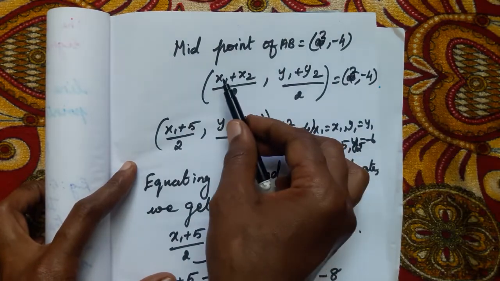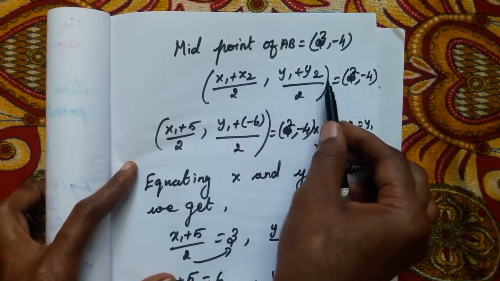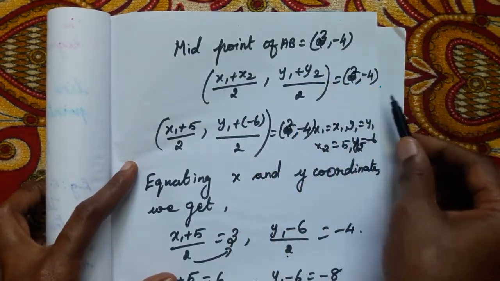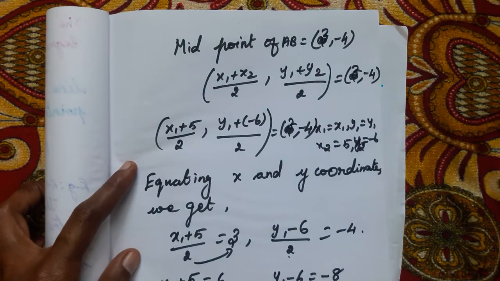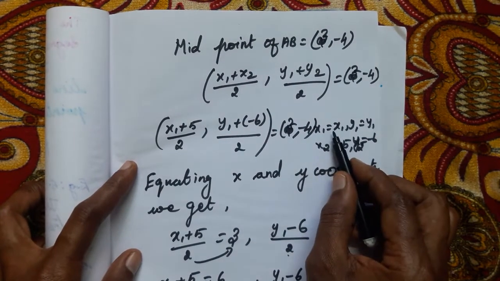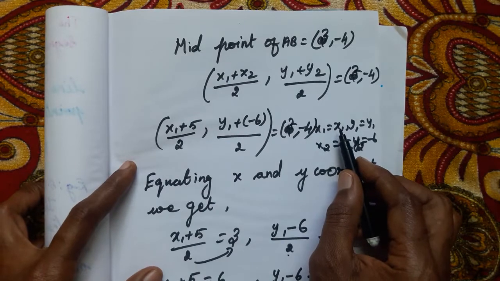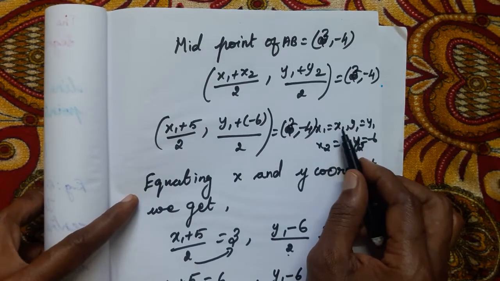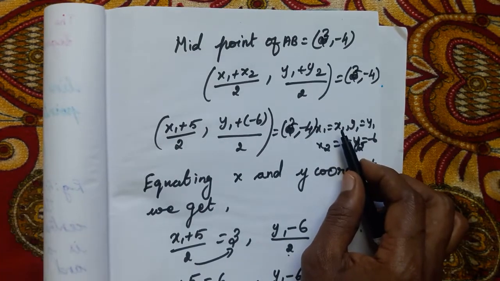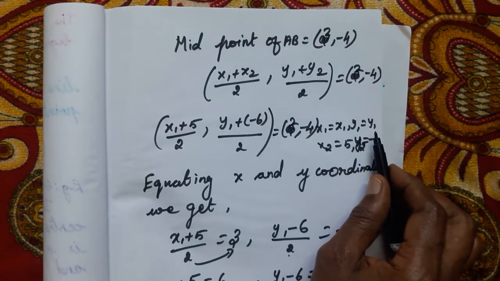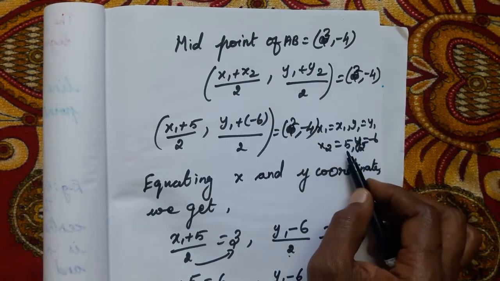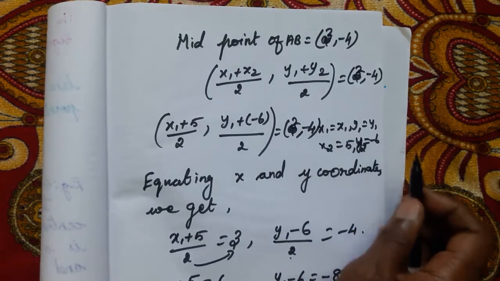Next, midpoint formula: x1 plus x2 by 2, y1 plus y2 by 2 is equal to 3, minus 4. Here, the point A we have taken is x1, y1, so x1 in place of x1, y1 in place of y1. Next, x2 in place of 5, y2 in place of minus 6.